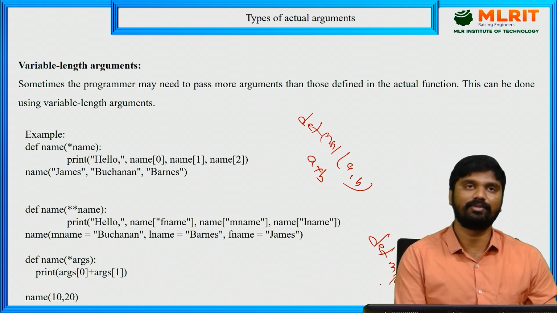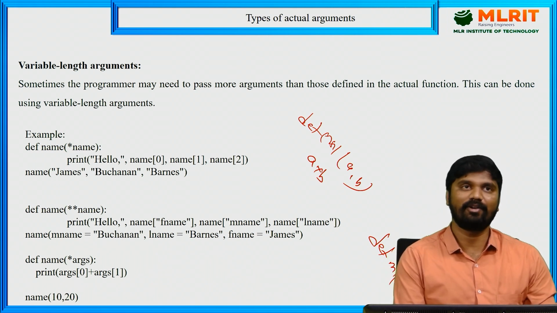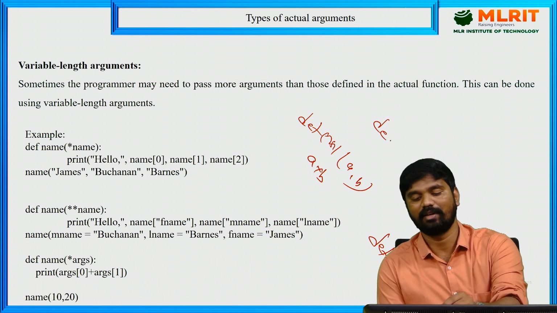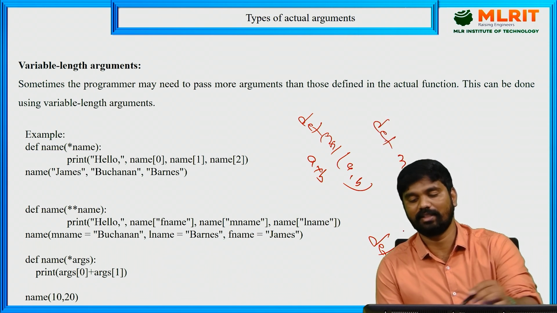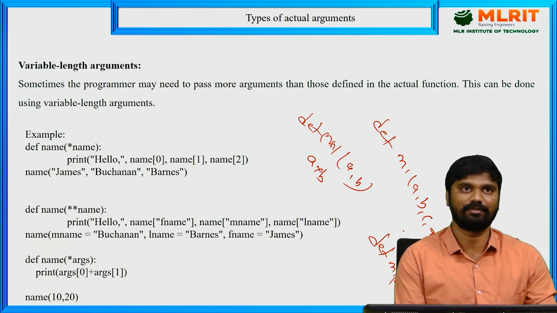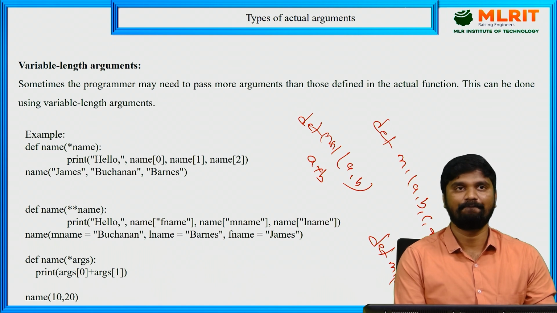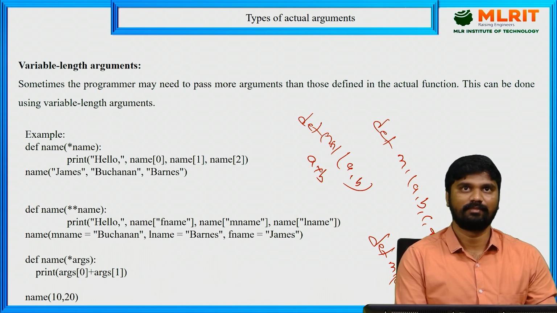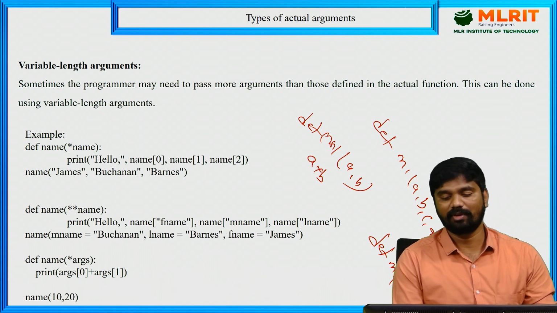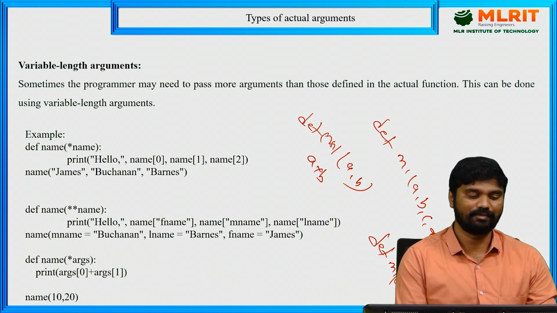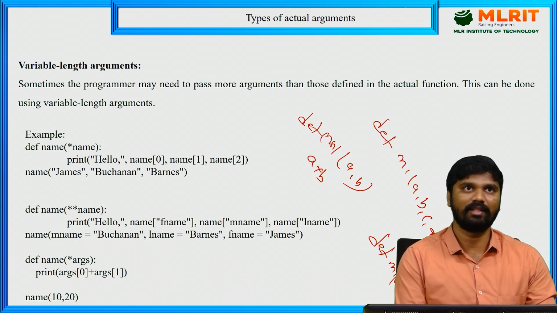If I want to add four values, then again I have to define def m1 a comma b comma c comma d. Like that, four parameters I need to pass. Because of this, the readability of the program will decrease. So to overcome this problem, we have variable length arguments.